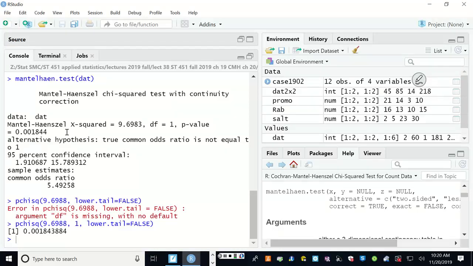So if there's really no difference in getting the death penalty by the race of the victim, if the odds ratio is 1, the chance that we get a series of tables like we had is nearly impossible, which suggests that there is some bias. And the confidence interval for the odds ratio is larger. You always have to interpret these things in the context of the problem, so it would be best to look at what those rows are.